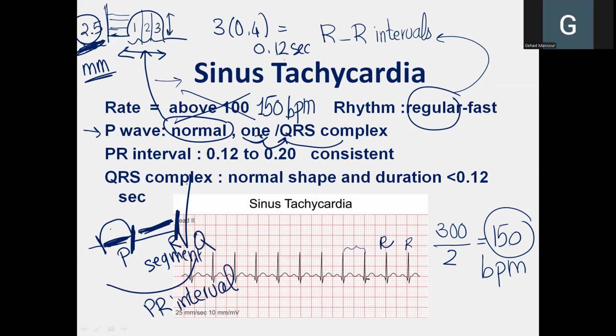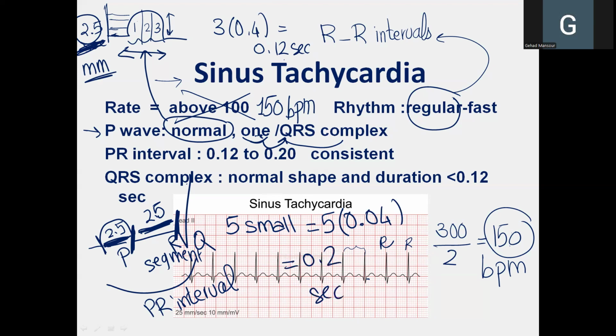For example, we have here 2.5 small squares, and here we have 2.5 small squares. This makes a total of 5 small squares. And if you want to translate it into seconds, then it would be 5 multiplied by 0.04, which is 0.2 seconds.